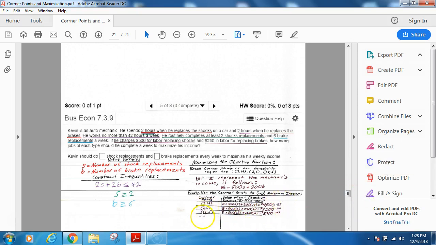Sorry, I was covering it up. So put down (2, 19), (2, 6), (15, 6), right? And then the whole idea is we want to go ahead and evaluate our objective function, or the income, based on each of those combinations of shock and brake replacements.